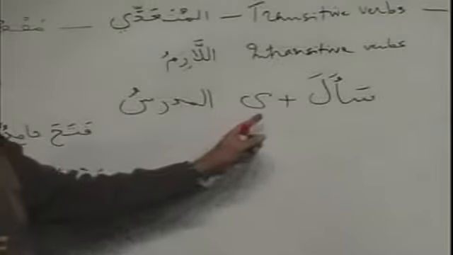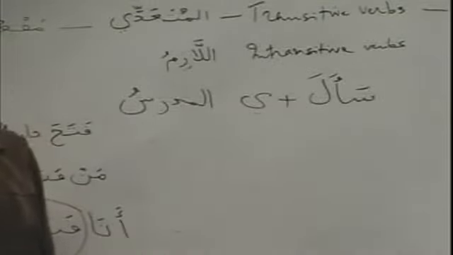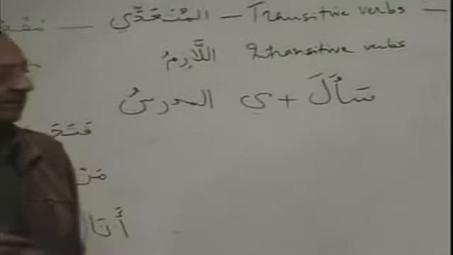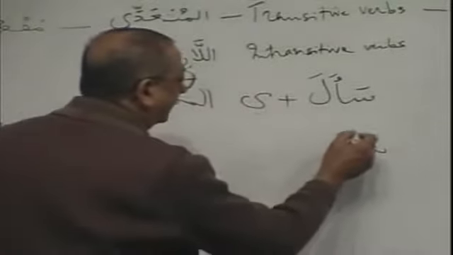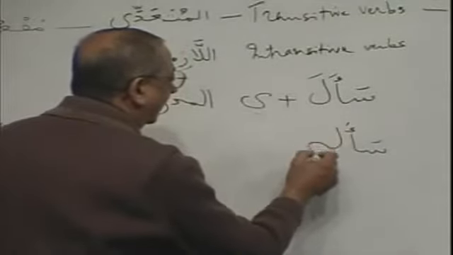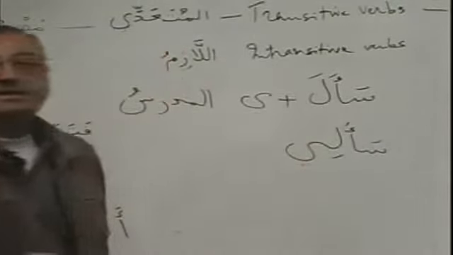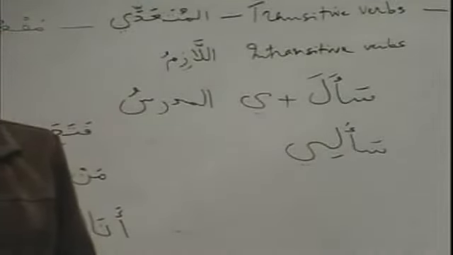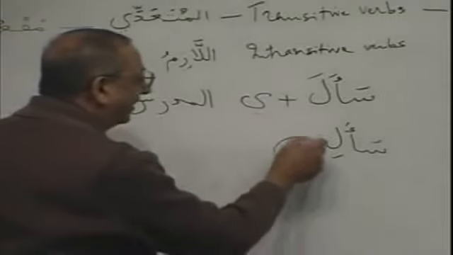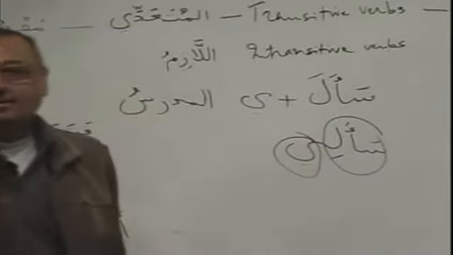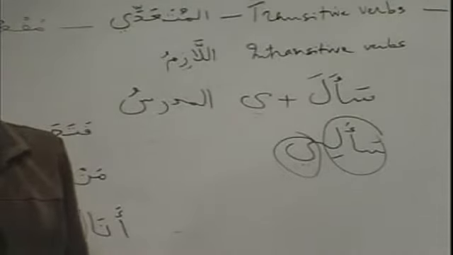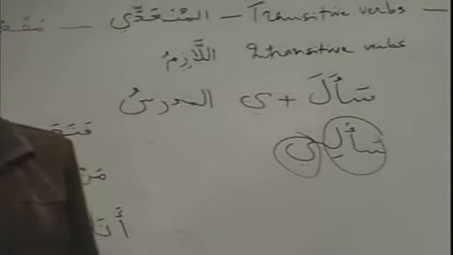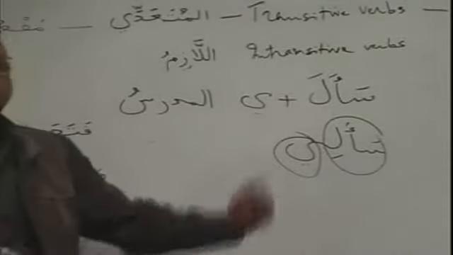When it came to sa'ala and Ya Mutakallim, you know what is the habit of Ya Mutakallim? It will give kasra. So if I say sa'ala, it will become sa'ali. Now brother, there is no such verb. This is your maf'ulun bihi. How can this be a verb? No way. Okay? Now we have to protect this verb from being destroyed.